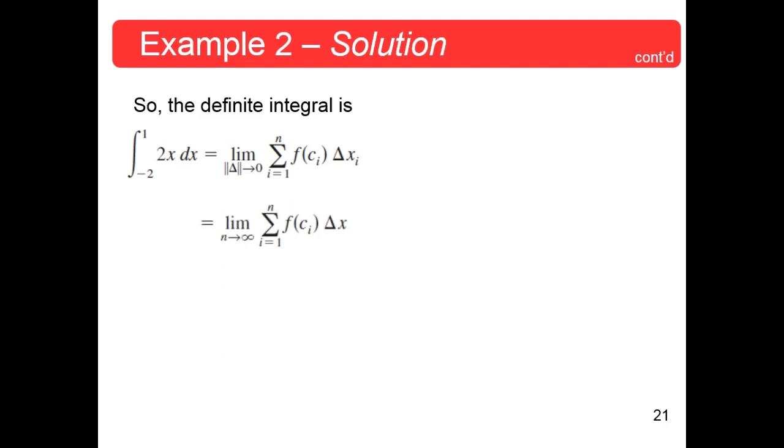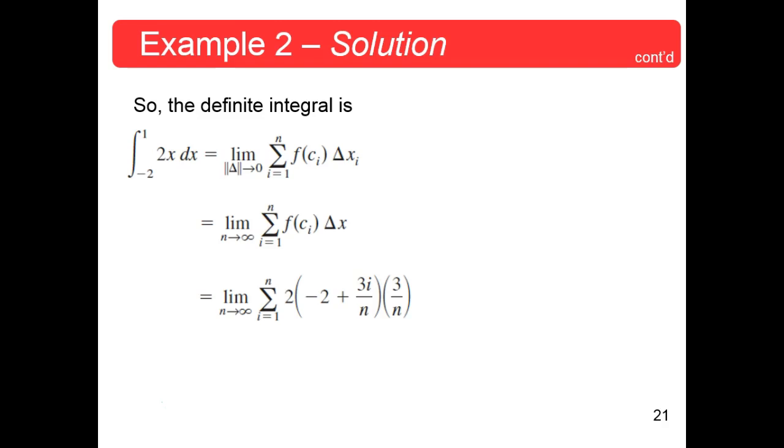The partition going to 0 means n is going to infinity. So the summation of that, they just flip that around to mean that. And that would be 2 times, and what was your c sub i? Remember it was minus 2 plus 3i over n.